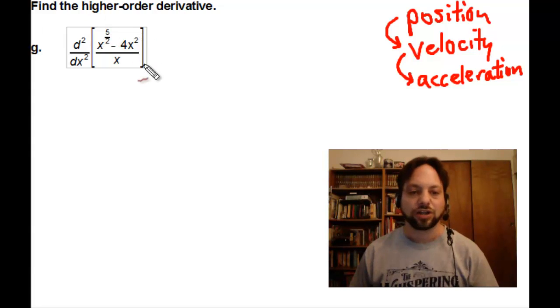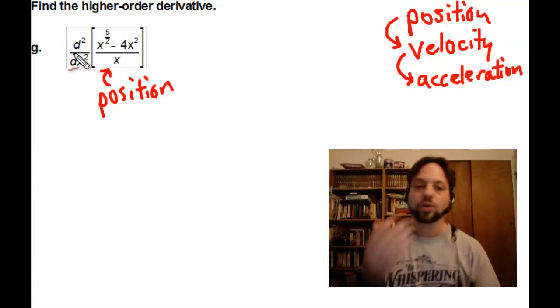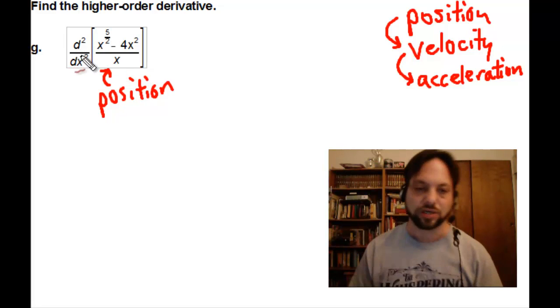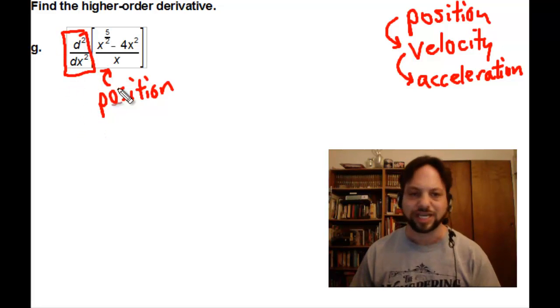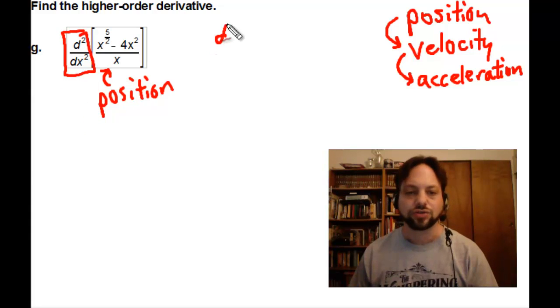Now, if we take a look at this function right here, we can consider this function to be the position of some particle or another. And if we're looking for the second derivative of it, we're just looking for what's the acceleration of that object. This notation might confuse you a little, this d squared over dx squared, but don't let it confuse you too much. Just remember that d dx means the derivative.